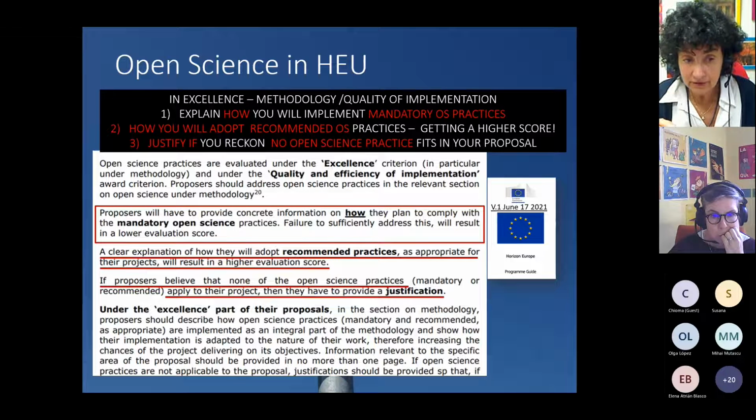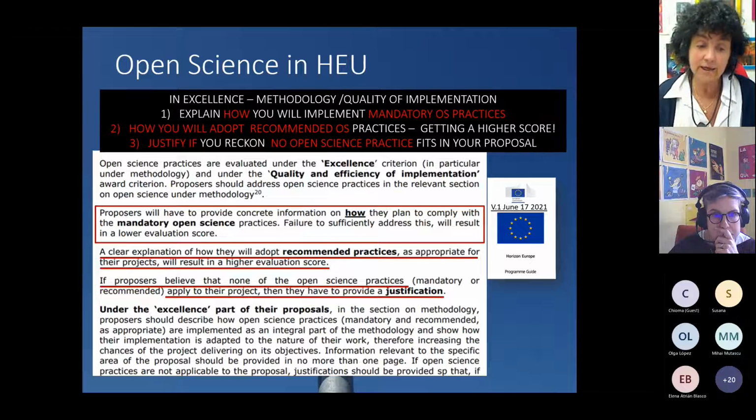In the proposal, you also have to put in, I would say, not only a justification, but a solid justification, a valid reason, if you reckon that none of the open science practices, mandatory or recommended, apply to your project, okay?